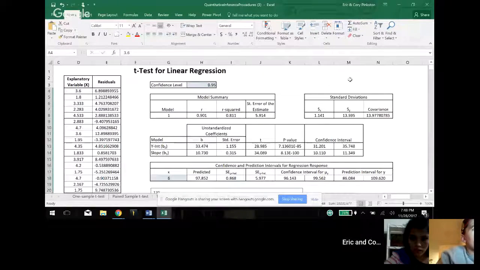So R is the correlation coefficient. That's what it was for the other. H8. And then the covariance is N8. I think so. So it's 0.901.